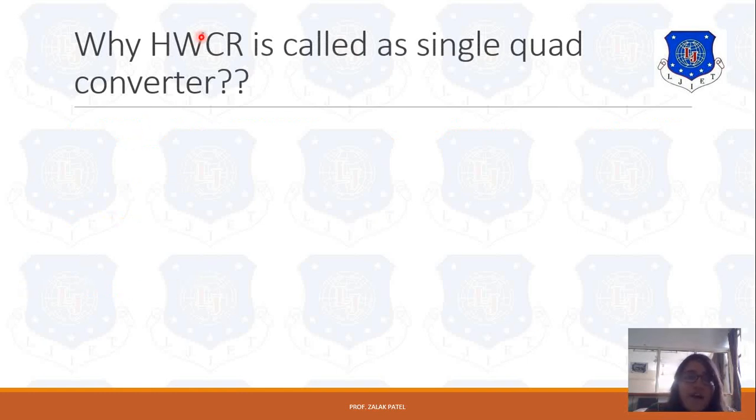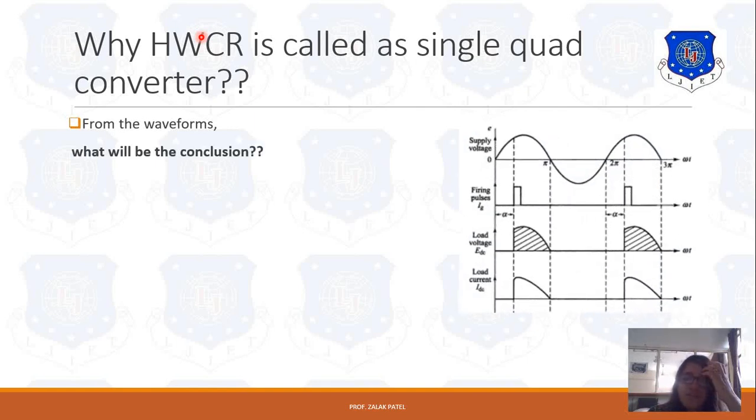Now the next question is why a half wave controlled rectifier is called a single quadrant converter. For this you have to consider the waveform that we discussed in the last lecture. This is the waveform of a half wave controlled rectifier with only resistive load.